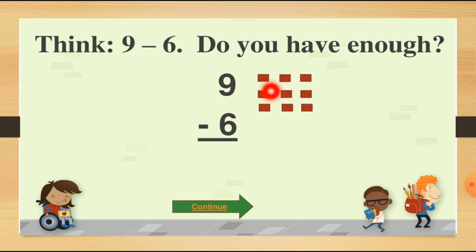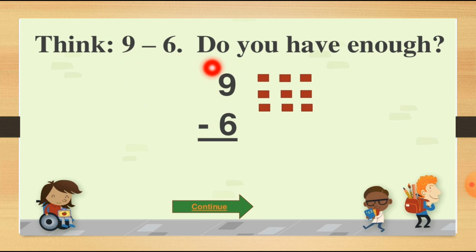How many brown dots are there? Let's count it. 1, 2, 3, 4, 5, 6, 7, 8 and 9. You can see there are 9 squares. Just think: 9 minus 6, here is the sum, written 9 minus 6.